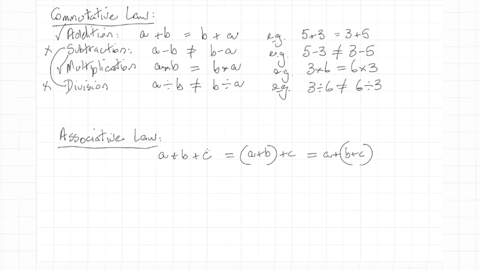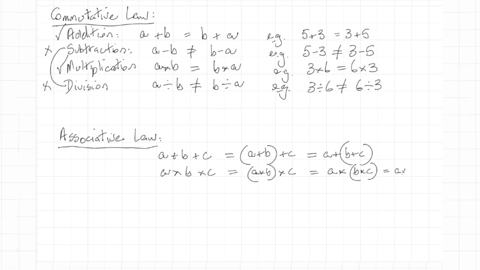So that's true. It also holds for multiplication. A times B times C equals (A times B) times C. We do that first and then multiply by C last. And it's also equal to A times (B times C).